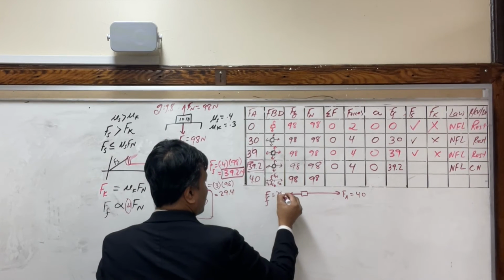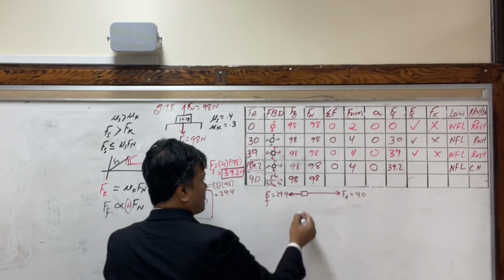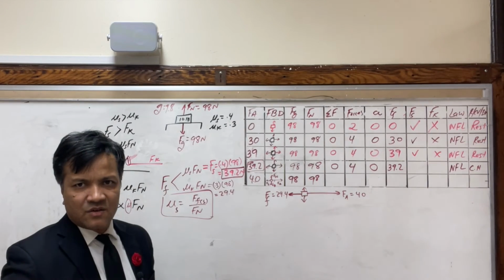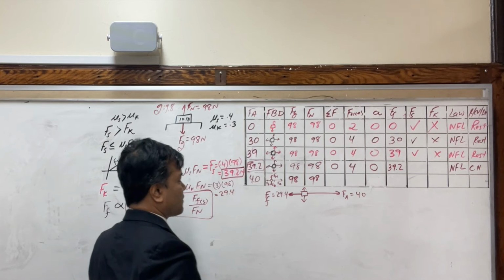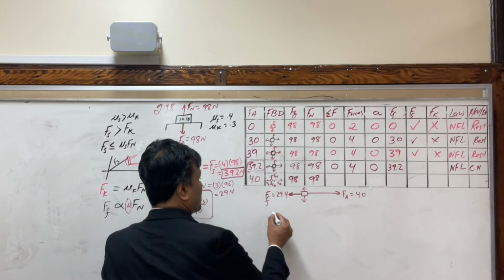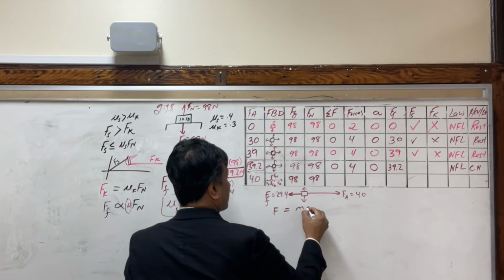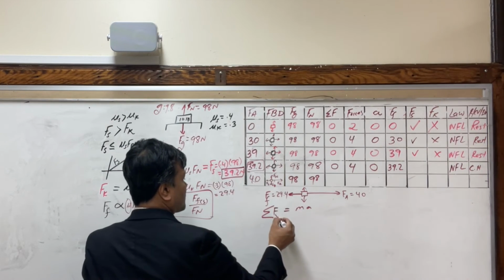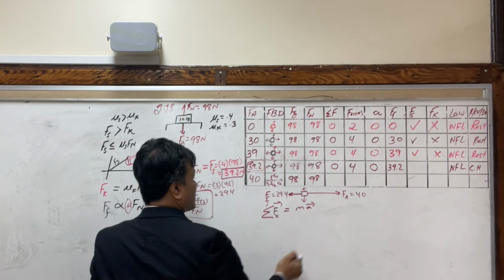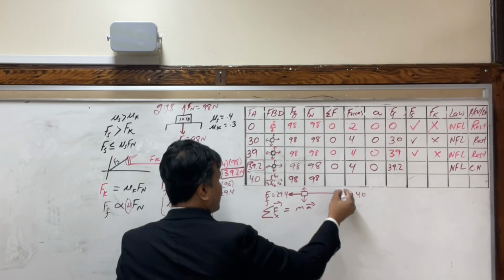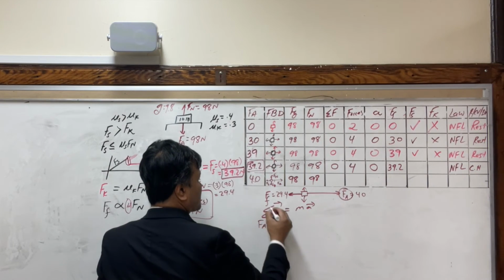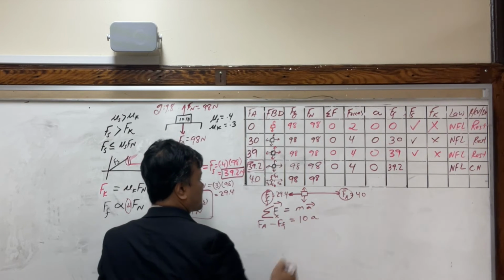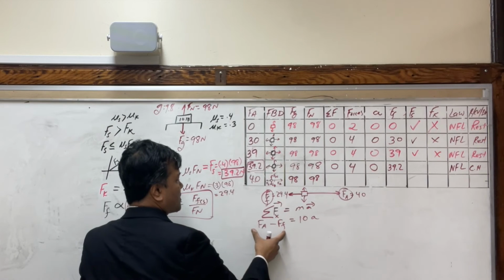0.3 times 98, so that is 29.4. All right, in the y direction, the acceleration and net force are 0, so you don't care about the y direction. So you write F equals ma. You want to write all the forces acting in the x direction. What are the forces? Fa minus ff is equal to m, which is 10, times acceleration.